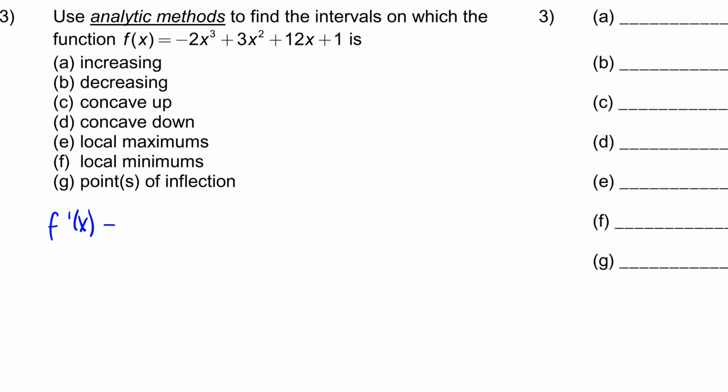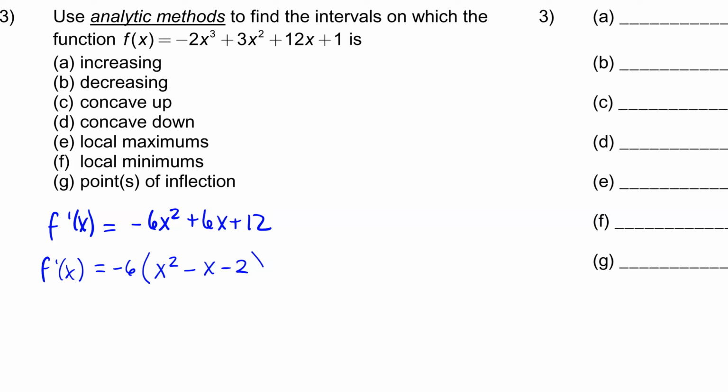F prime of x is negative 6x squared plus 6x plus 12. Okay. Cool, I found a derivative, but now guess what? There's a common factor I can pull out. Pull out a -6. That way I have a positive in front of my x squared. Tests are just these kind of things. Yeah, of course. That's such a good idea.